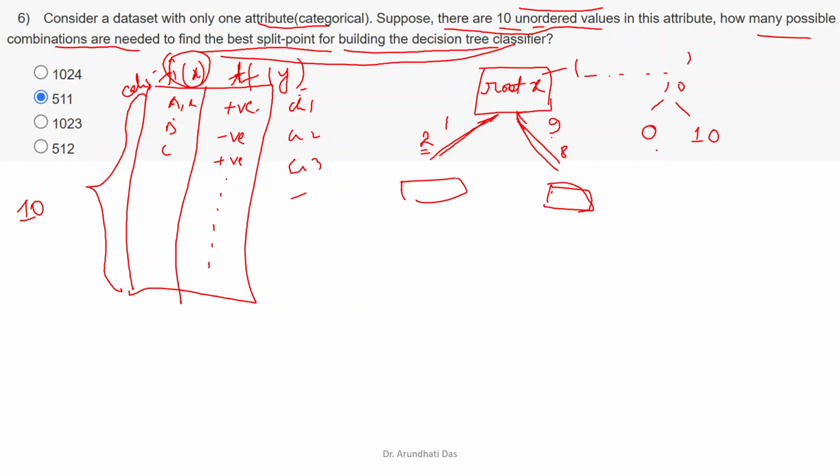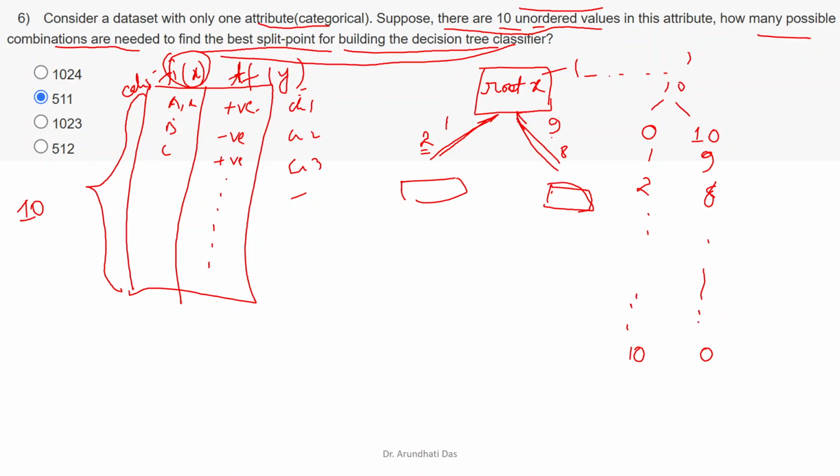Okay, the second possibility is that one set will have one attribute value, and the other will then have 10 minus 1, that is 9 attribute values. So another is 2, 8. Okay, these kinds of possibilities are there. And finally, how many can we have? I can have now 10 here and 0 here.